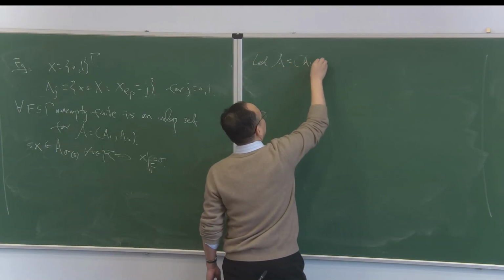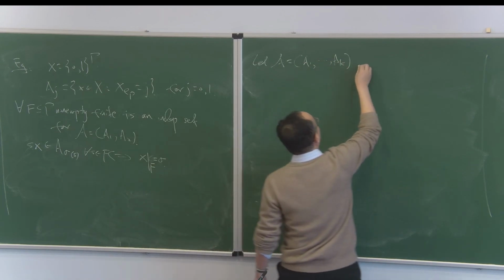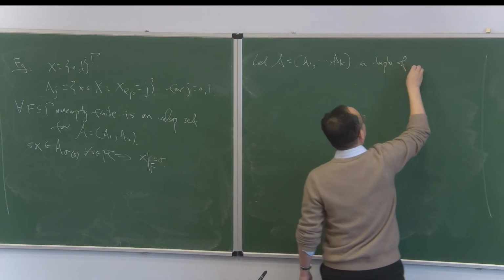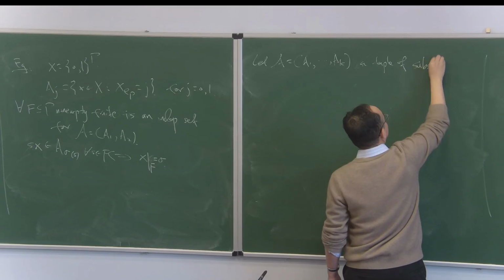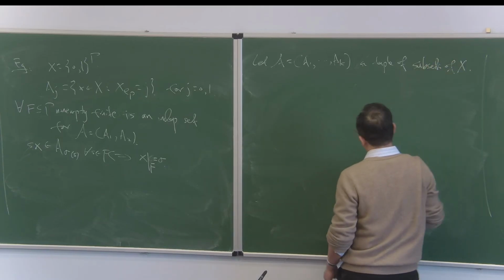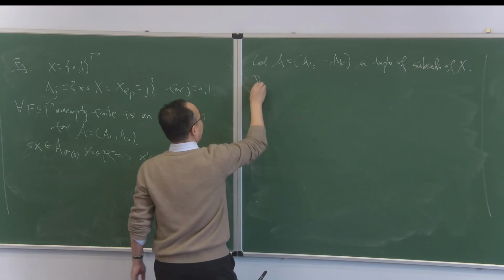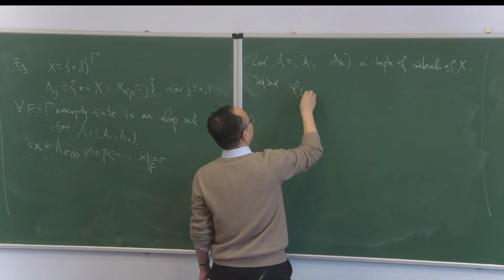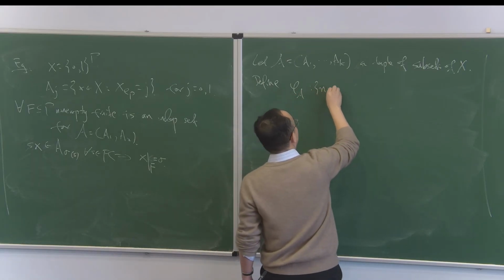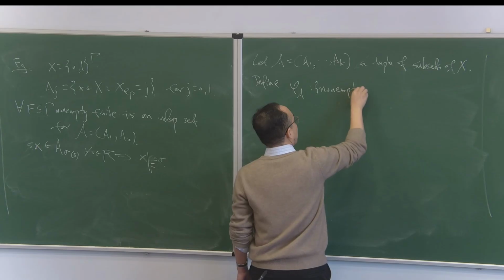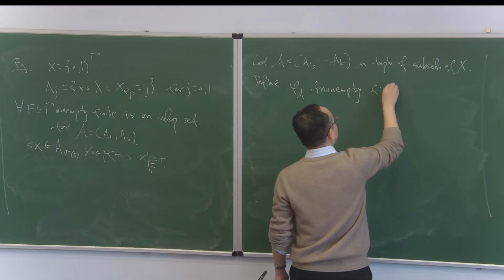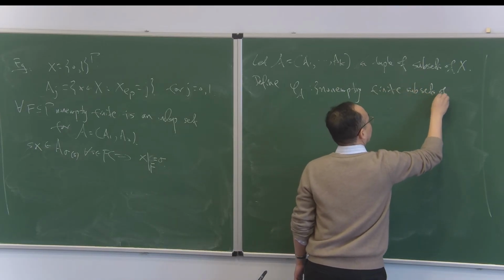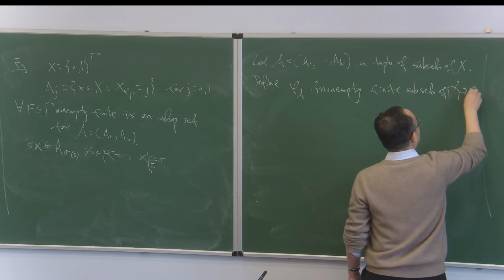So we look at a k-tuple A of subsets of X. Then we're going to define a function phi A from non-empty finite subsets of Gamma to the real numbers.